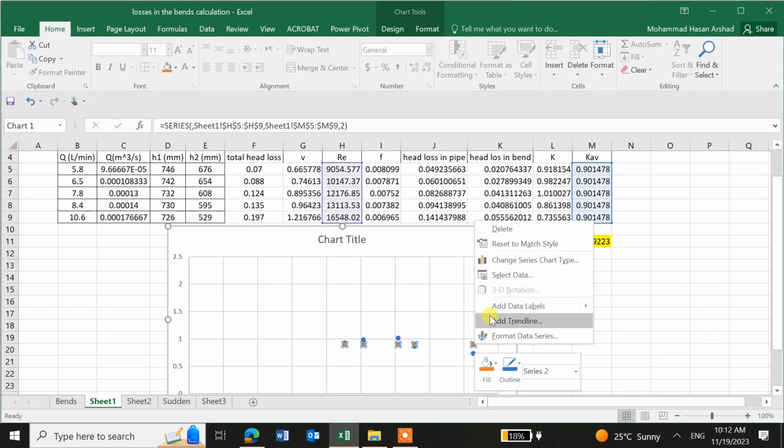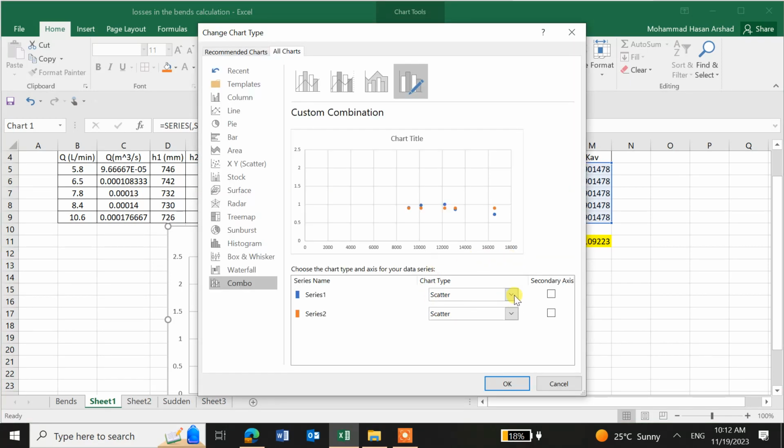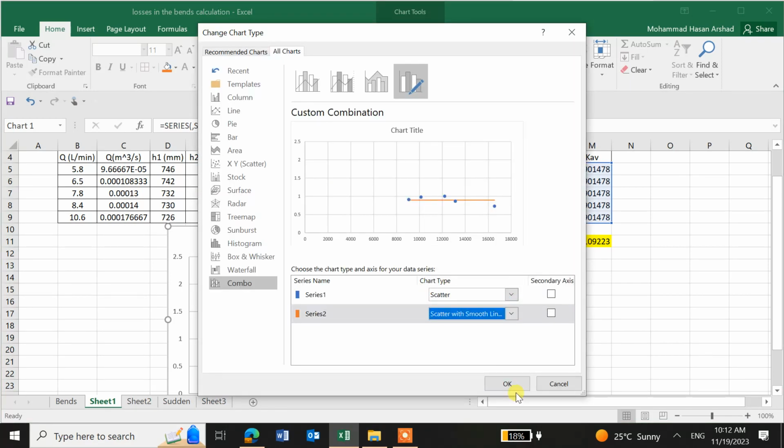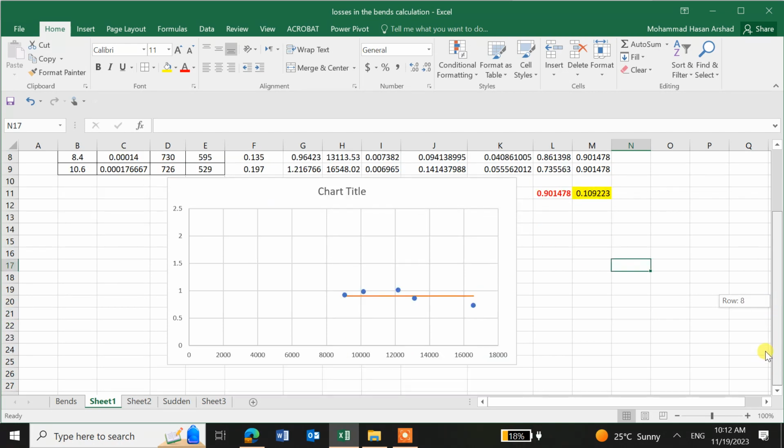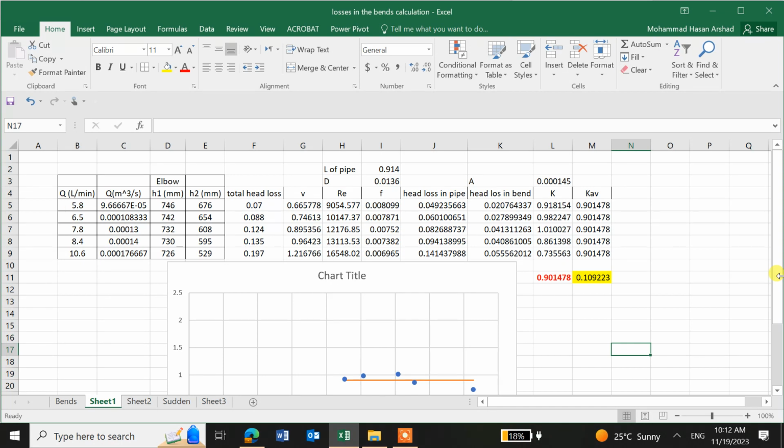So you can say that my value is deviating around this value 0.9, and you will compare this K value with the literature. You will find the loss coefficient of standard elbow. Okay, so this is the calculation for elbow.